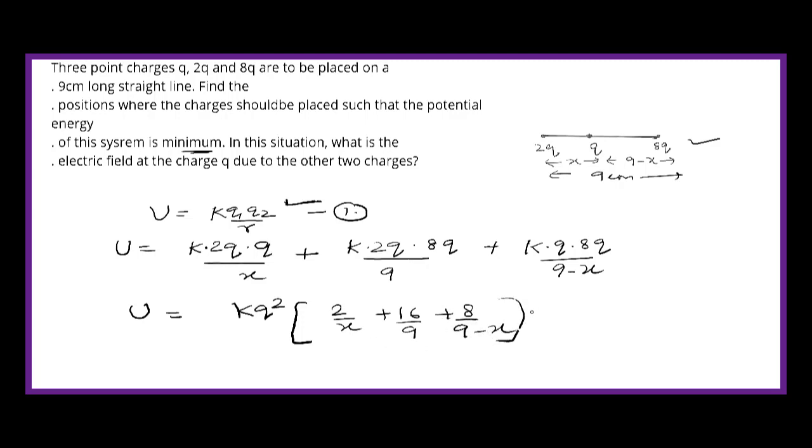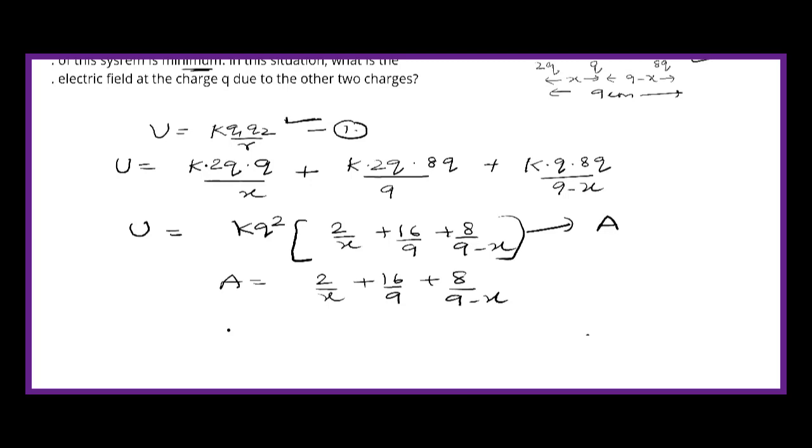Call the term in the bracket A. For the minimum potential energy, A should be minimum.